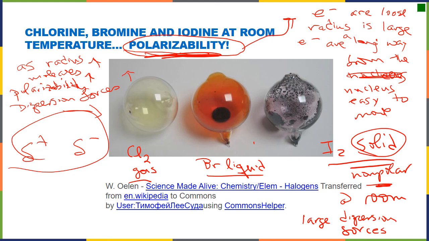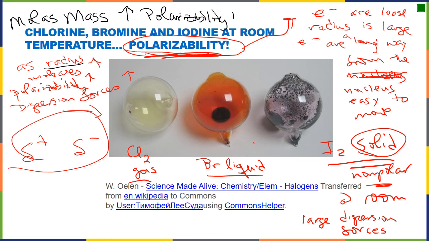Now, radius can be hard to keep track of, so we're going to do it a different way. Instead of radius, we're going to use molar mass. And we're going to say that as the molar mass goes up, the polarizability goes up, and the dispersion forces also go up.